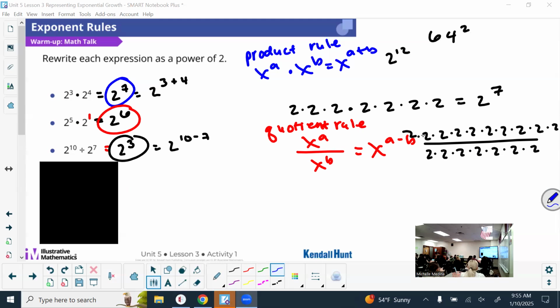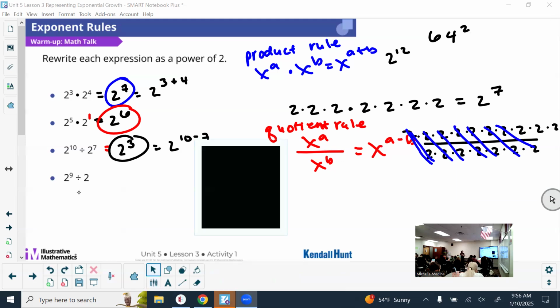So when I have the same thing on top and bottom of a fraction, it cancels out. So these 2's could cancel again, again, again. And then I end up with just 3 2's being multiplied. That's why we can do that. The quotient rule is kind of a shortcut to doing this.